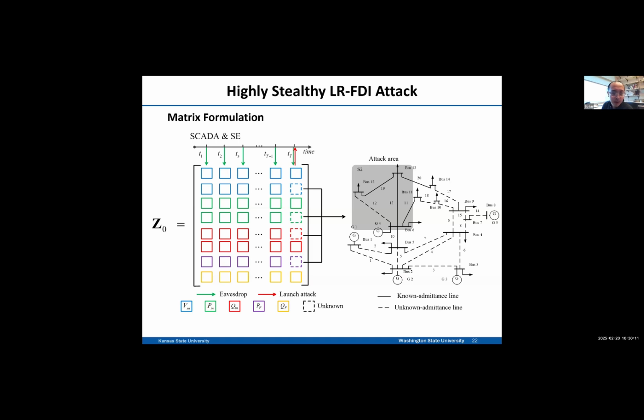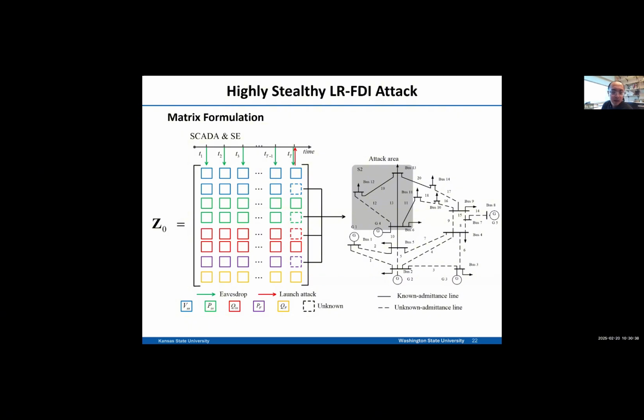So from the attacker's perspective, the attacker keeps collecting the measurements until time step T. Here each column is the SCADA measurements collected at each time step, and different colors represent different measurement types. Once the attacker has enough measurements, she will launch the attack at the last time step.